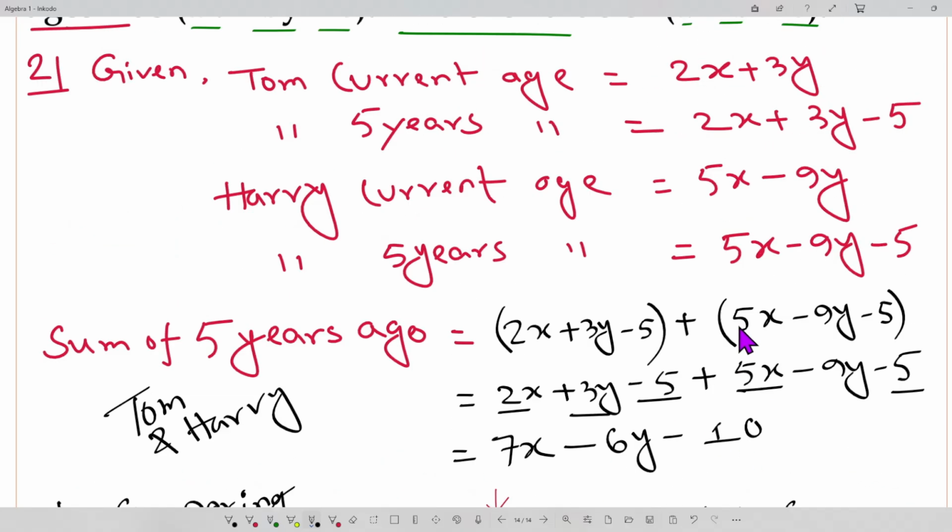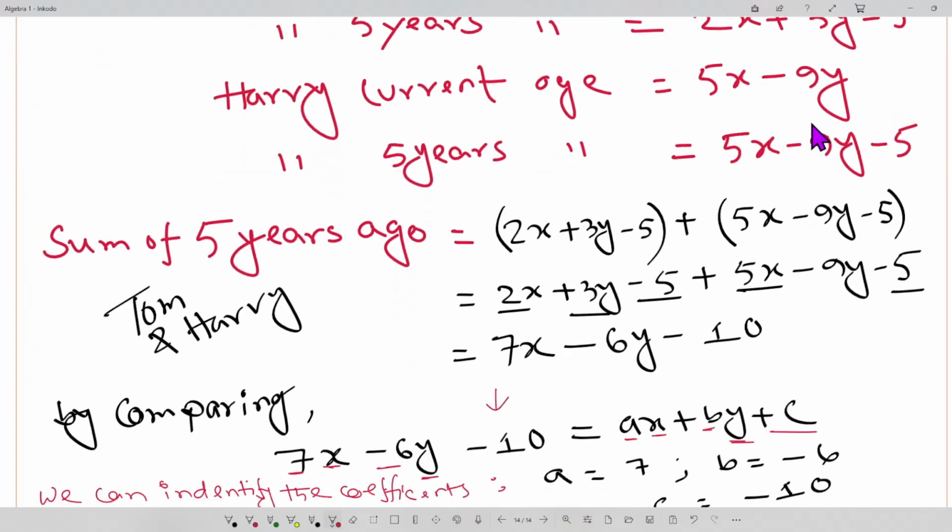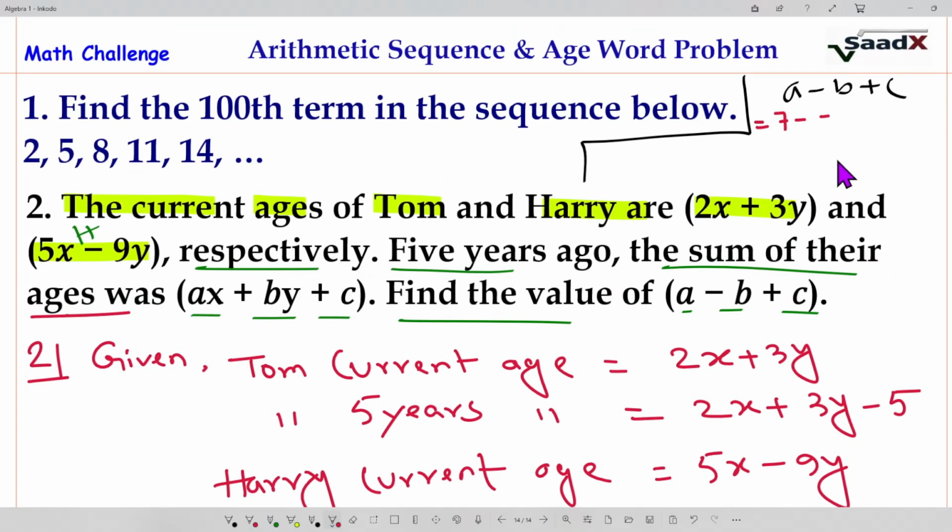Now we will find the value of a minus b plus c. We can write this here: a minus b plus c. A means 7, minus b means minus 6, plus c means minus 10.